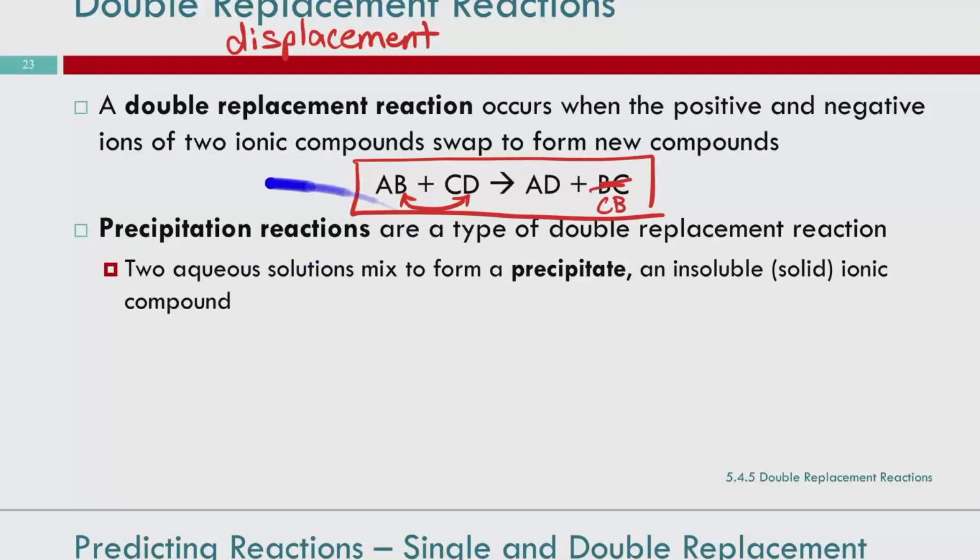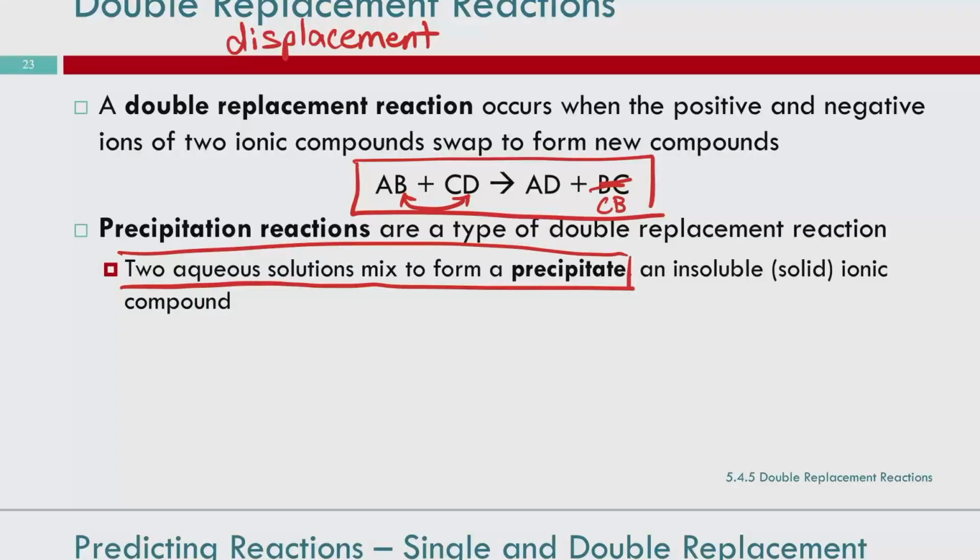One type of replacement reaction is precipitation reactions. 2 aqueous solutions can mix to form a precipitate. And our definition for a precipitate is that it's an insoluble ionic compound. So I'm sort of overlapping 2 different definitions here. Our definition for a precipitation reaction, 2 aqueous solutions.